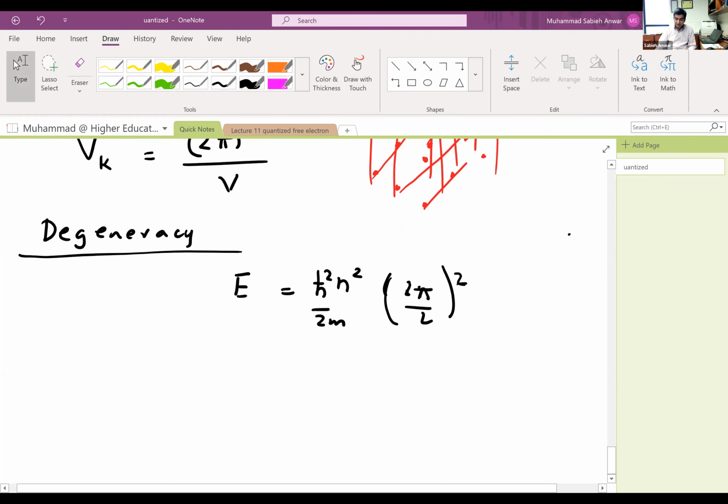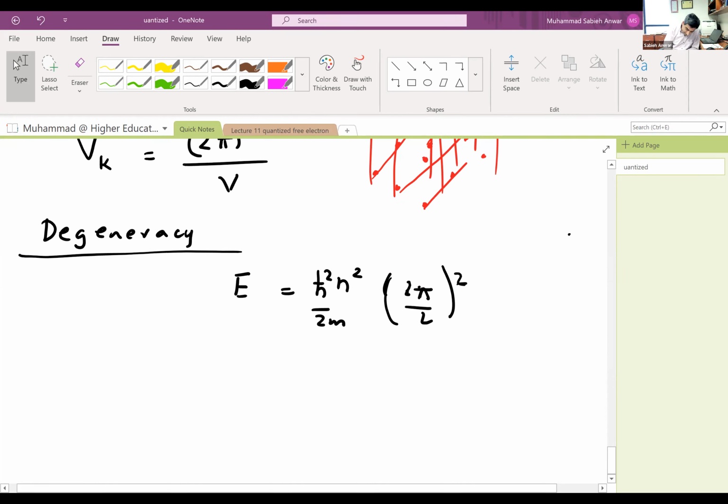So the energy is quantized. And of course, you can always shuffle between k and n. They are both related. They both represent quantization. They're just off by a scaling factor. Now this n depends upon nx, ny, and nz. So different values of nx, ny, and nz can give rise to the same energy.